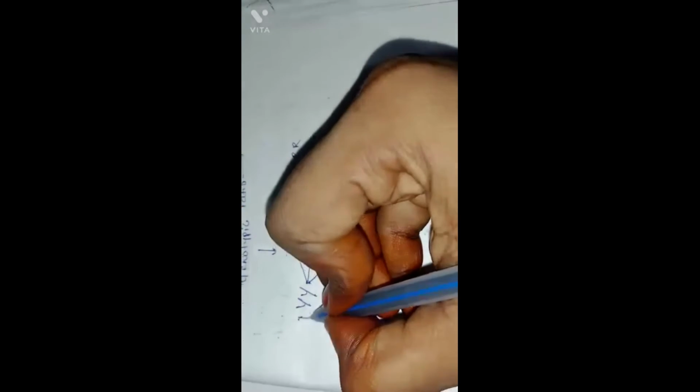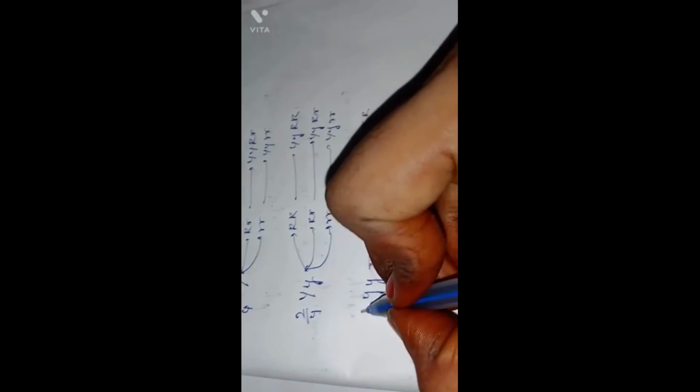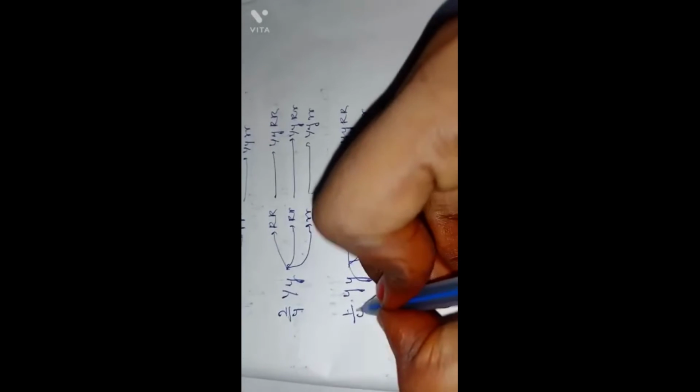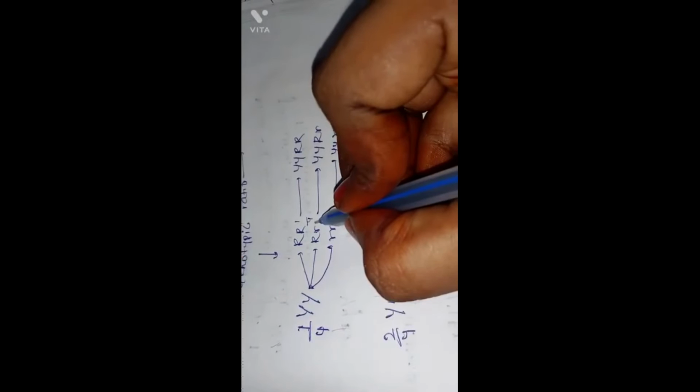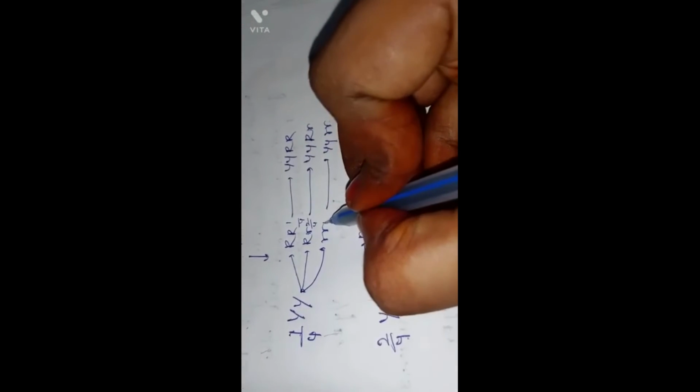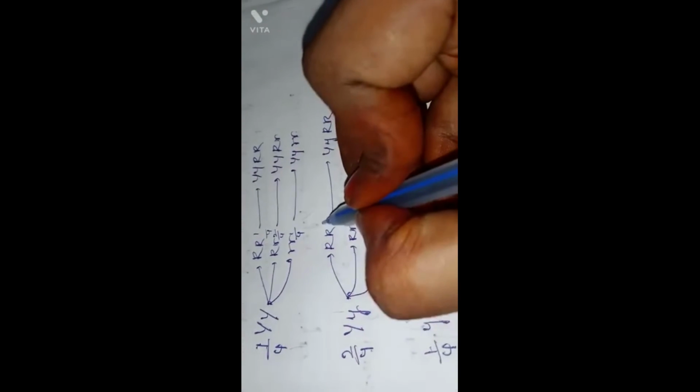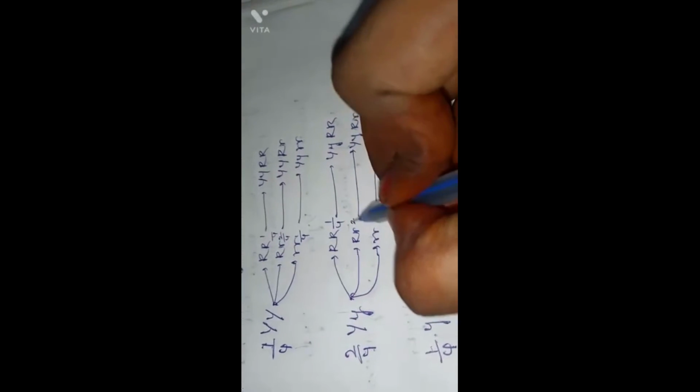For capital Y, the probability is 1 by 4, for capital Y small y it is 2 by 4, and for small y it is 1 by 4. For capital R it is 1 by 4, capital R small r is 2 by 4, and small r is 1 by 4. For all the others below, we are going to get the same ratios.